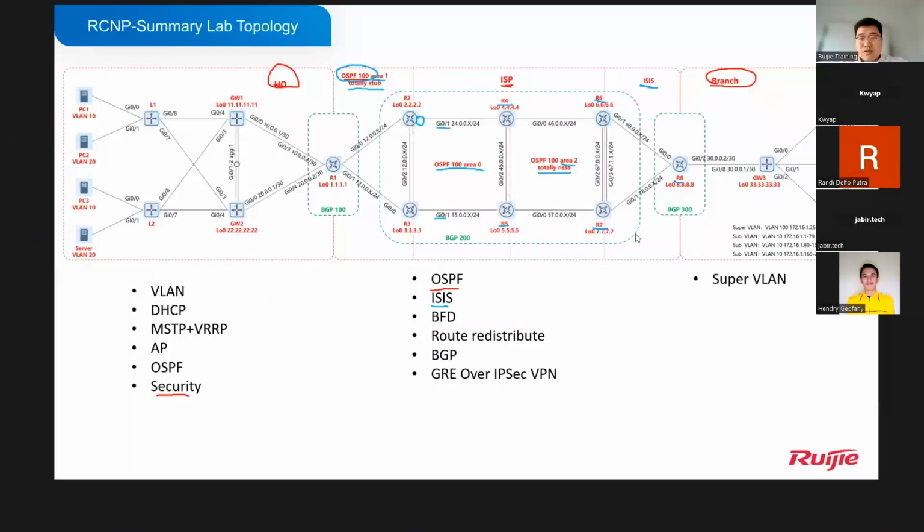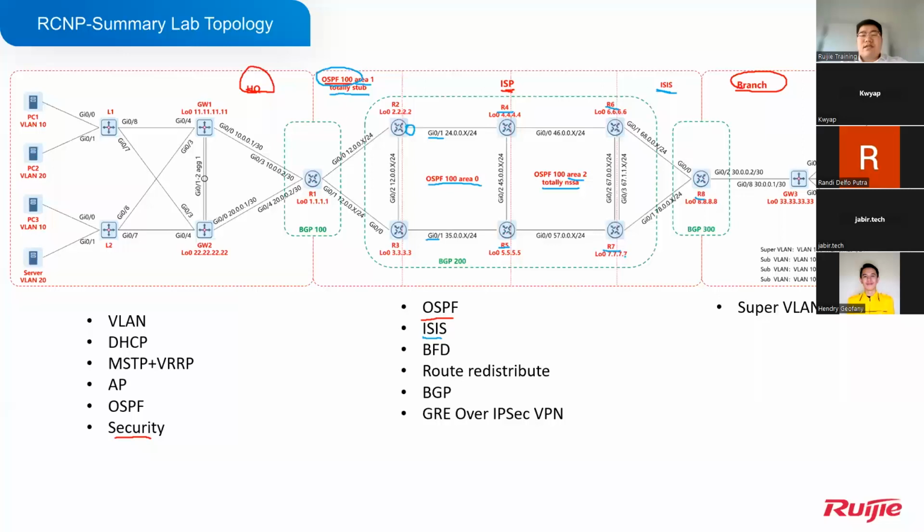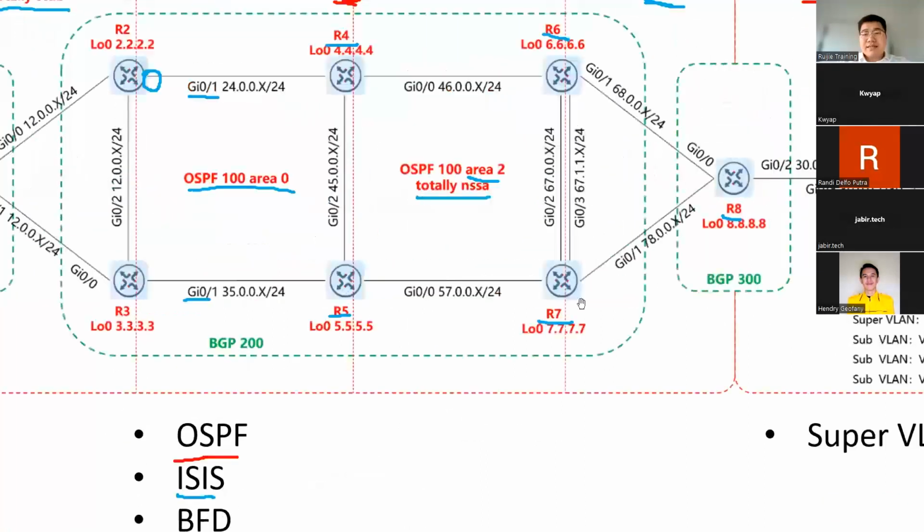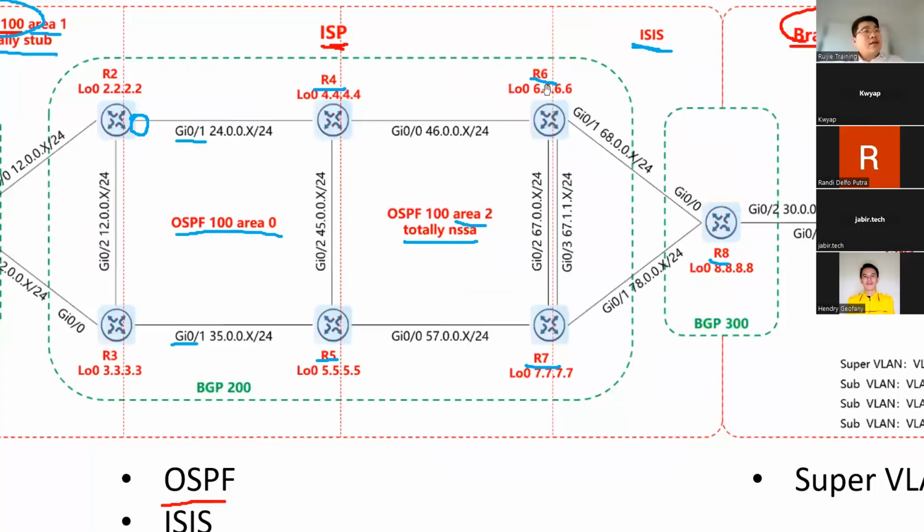So we call R6 and R7 the ASBR. And for the ASBR, since it's running both OSPF and ISIS, it can learn the routes of OSPF, and at the same time, it can learn the routes of ISIS. But as a router, it will not mix them.